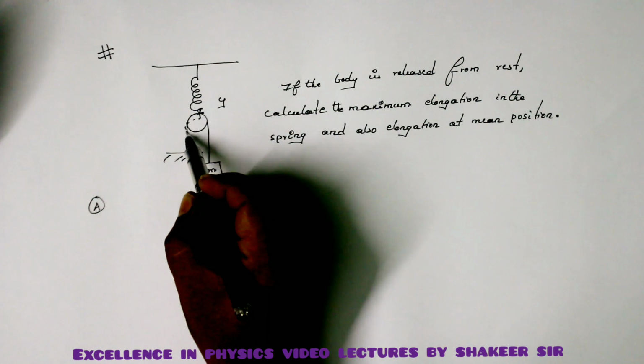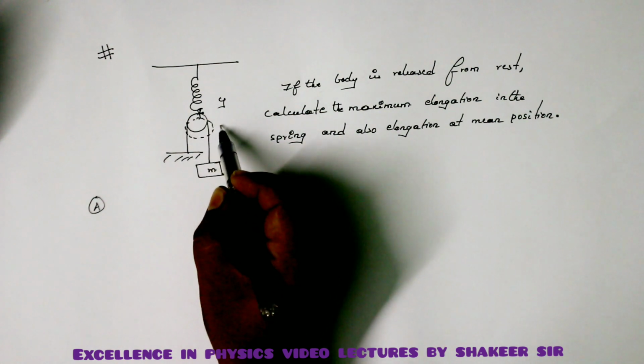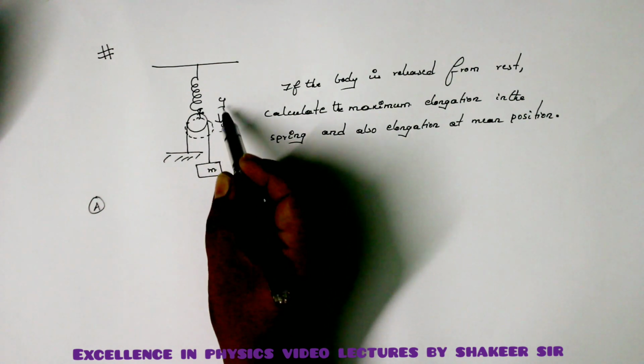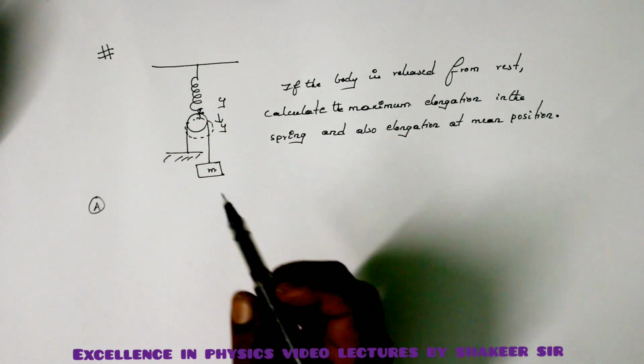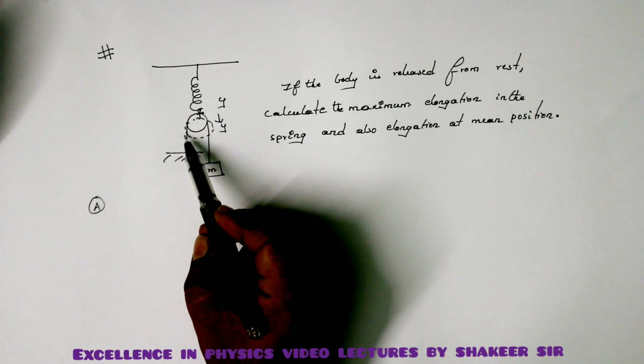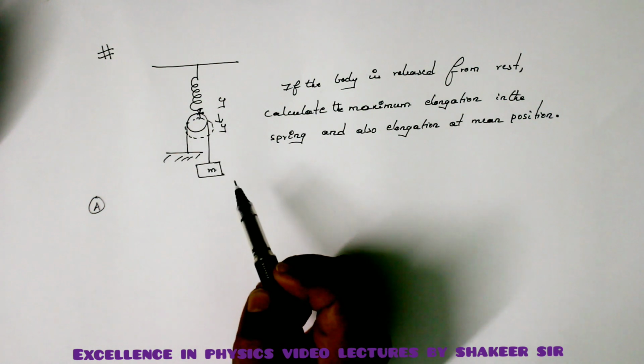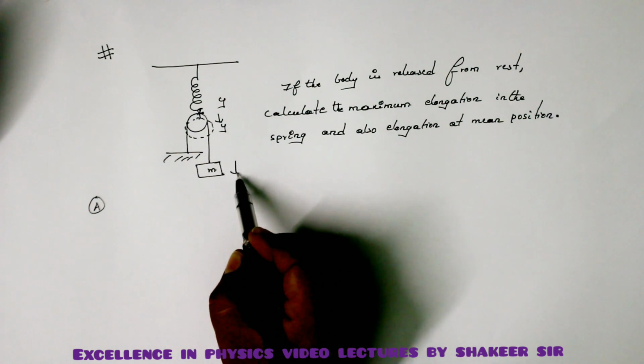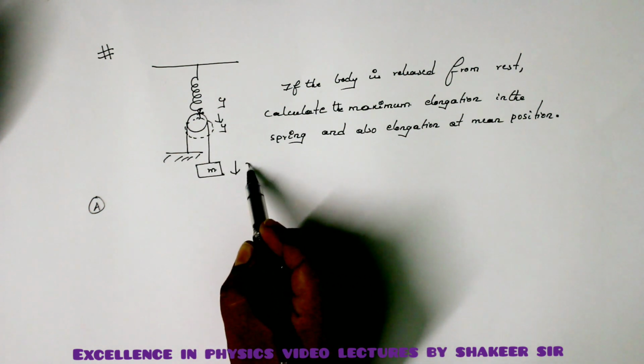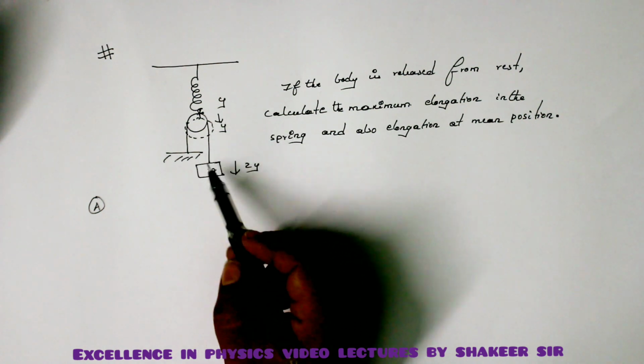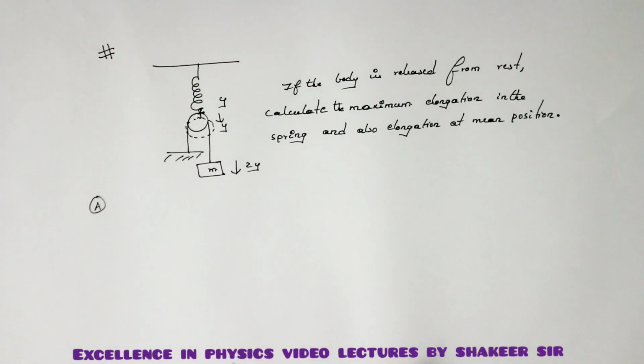So this pulley will come down by a distance of y. So if the pulley comes down by a distance of y, then it will release y length from this side and y length from the other side also. So this mass will come totally down by a distance of 2y.